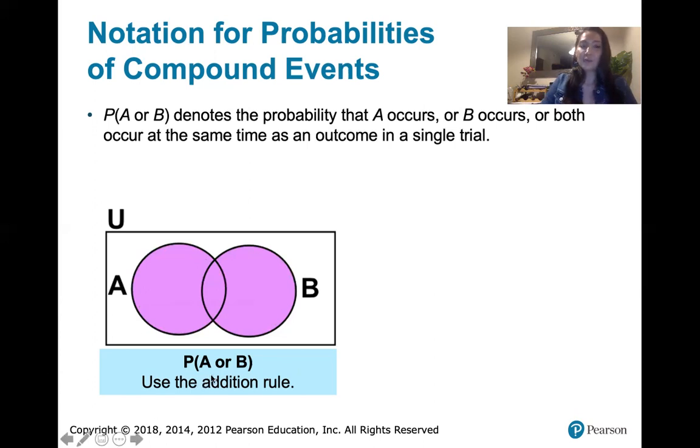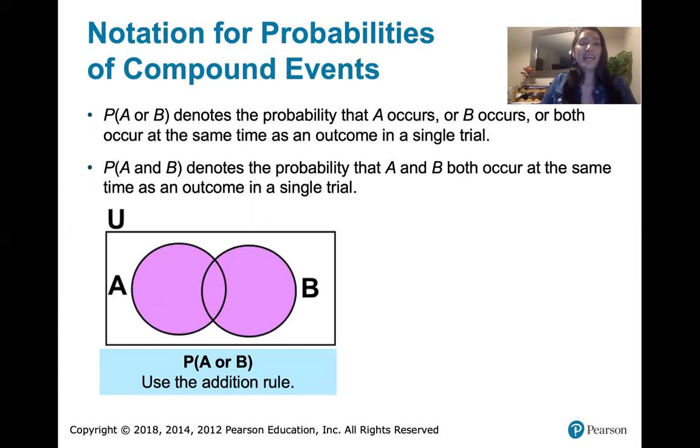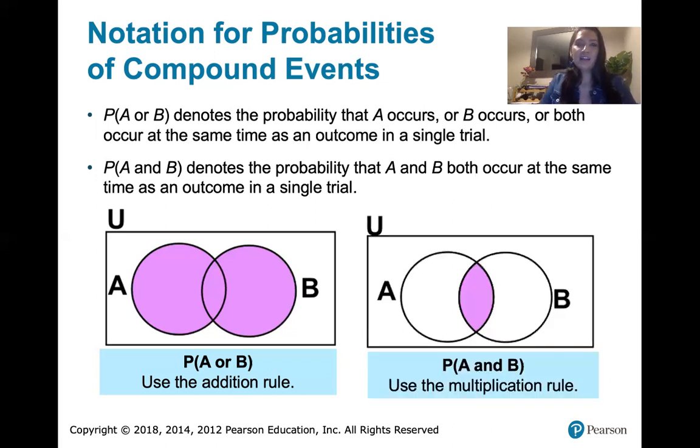Now, this is for probability of A or B. Now, the probability of A and B denotes the probability that both A and B occur at the same time as an outcome in a single trial. Here, we're looking for the events that count as part of event A and count as part of event B. So we're looking for the probability of the events where we have that overlap.